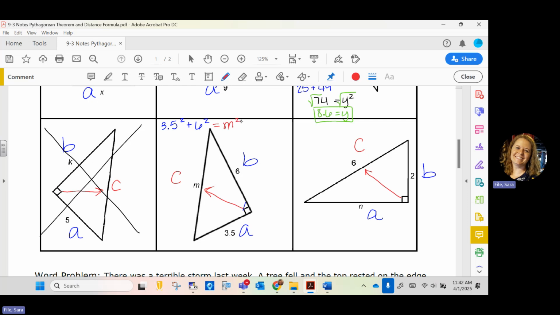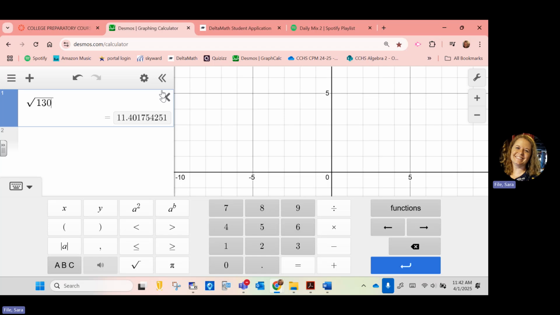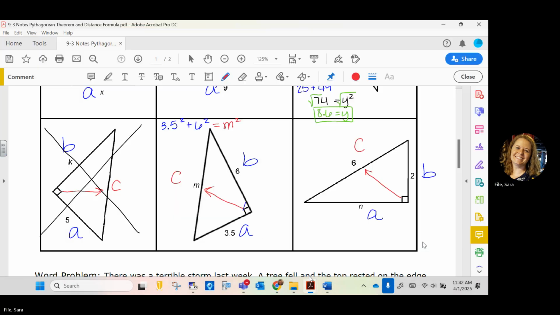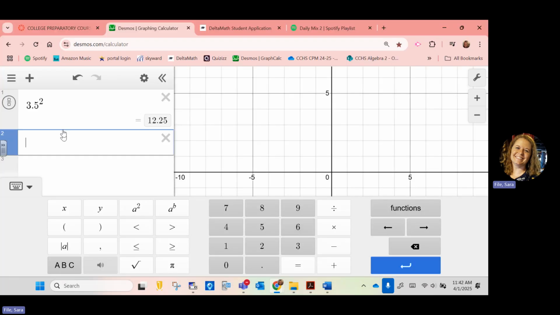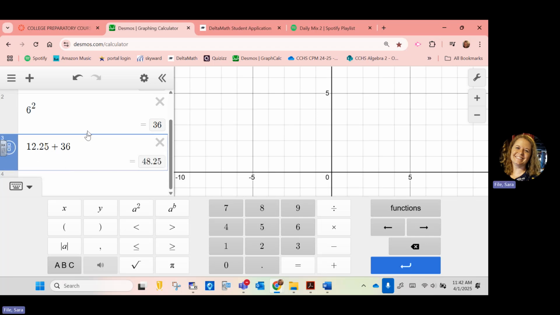Now here's what I'm talking about doing it all at once in the calculator, instead of separately doing 3.5 squared and 6 squared. This is one way you could do it. Then you could add those, 12.25 and 36 together. Okay, that's step by step.